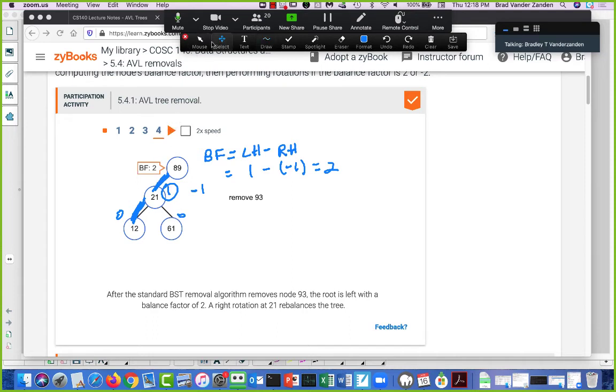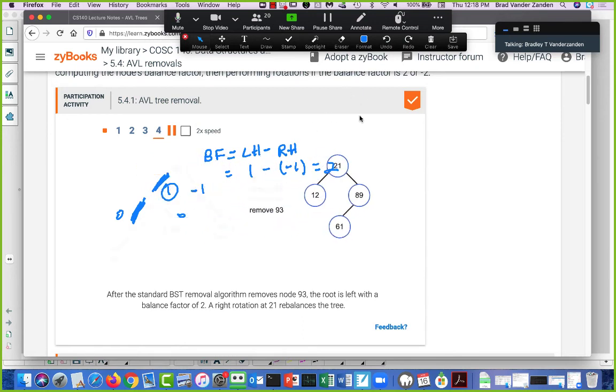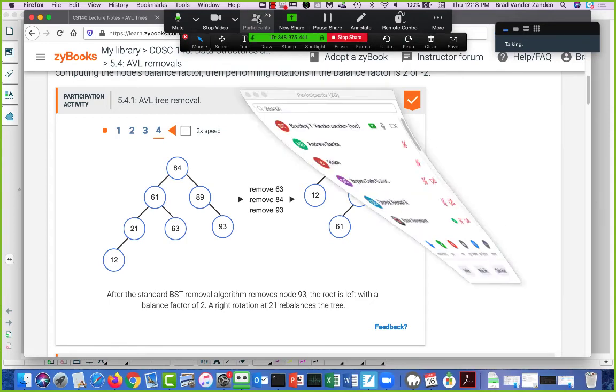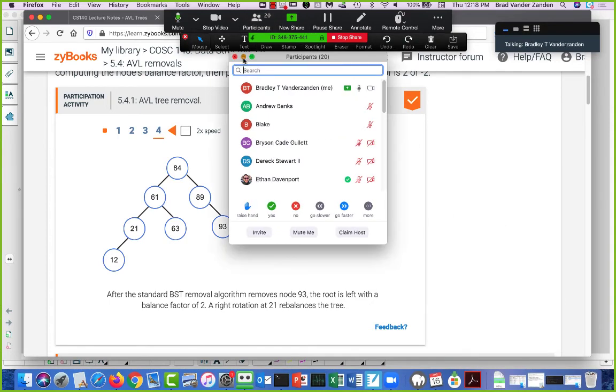So we continue on with rotating about 21, and we get a new balanced tree. So the final tree is balanced. Questions about deletion? Okay, we don't have any.